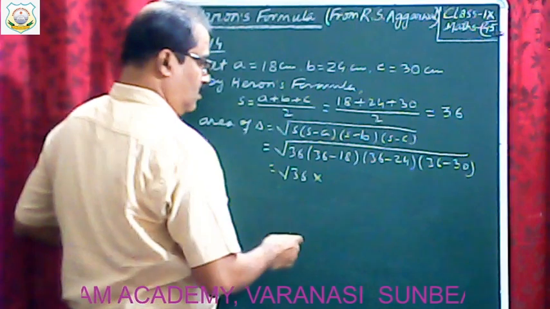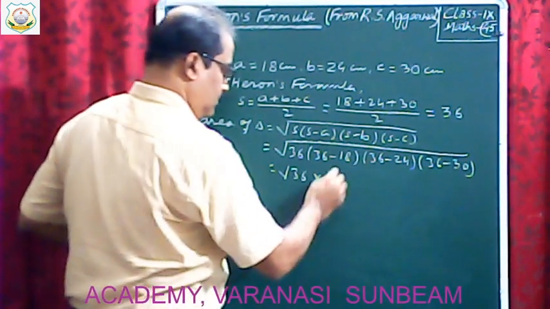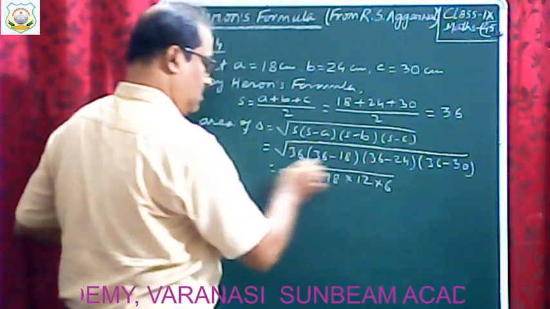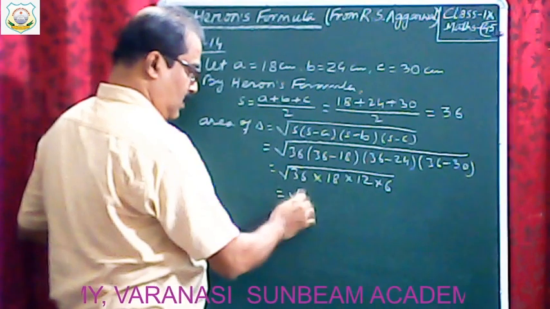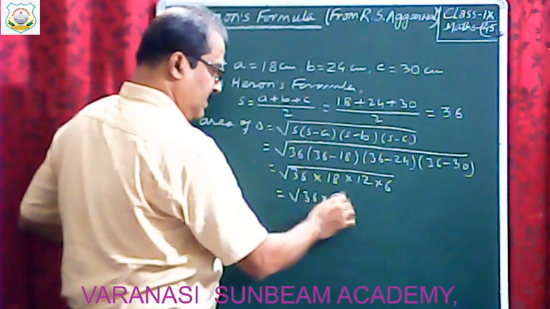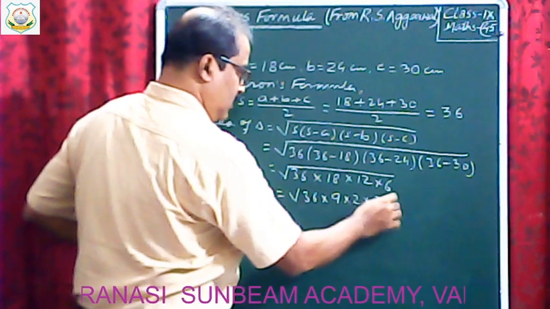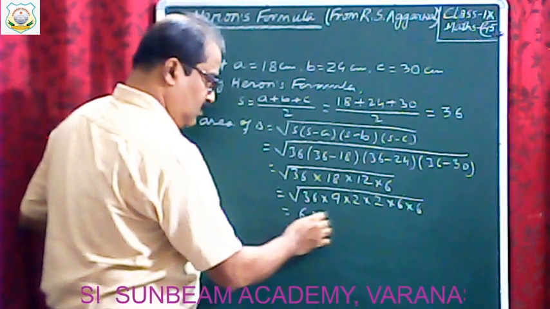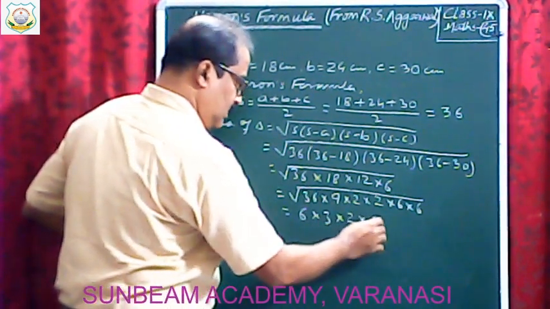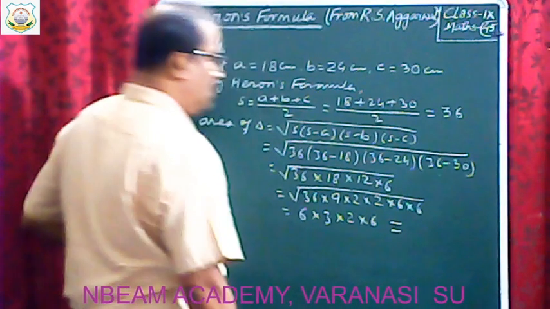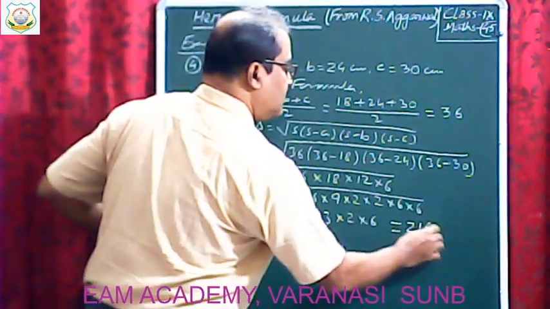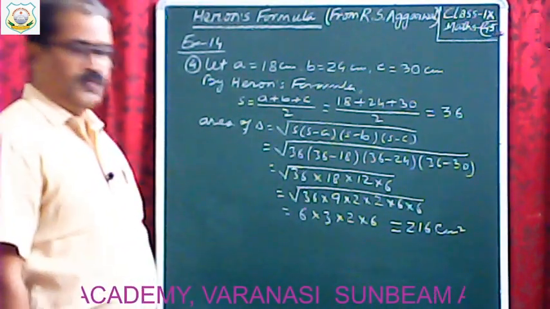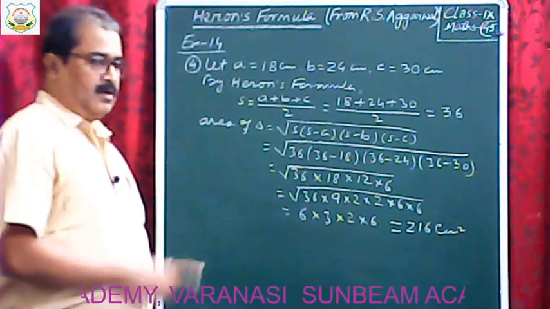So 36 into 18 into 12 into 6. What? 36 into 18 means 9 into 2, 12 means 2 into 6 into 6. So 6 into 3 into 2 into 6. So finally what we get? 216 centimeters square. So in this way you have to find area of triangle while all three sides are given.